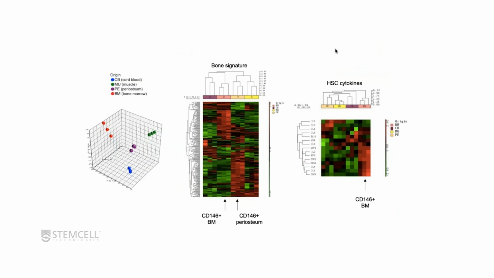And this different behavior is clearly reflected in the transcriptomic profile of these cells. Their transcriptomic profiles are perfectly segregated, and we can find a bone signature profile only in skeletal-derived cells, bone marrow and periosteal cells, and the production of hematopoietic cytokines only in bone marrow-derived stem cells.